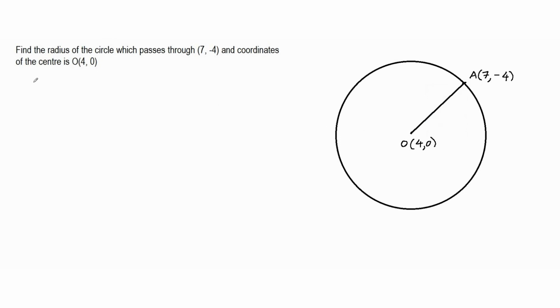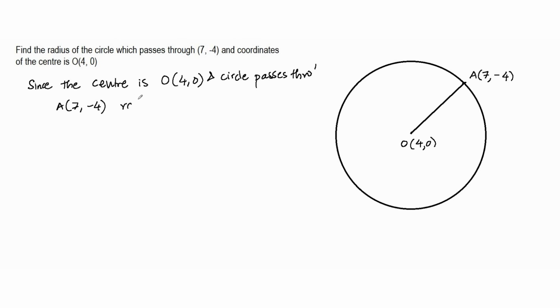So I can say that since the center is O of 4, 0 and the circle passes through A of 7, -4, I can say that the radius of the circle is going to be OA, which is basically the distance between points O and A. The coordinates of O and A are known, so I can find OA using distance formula.